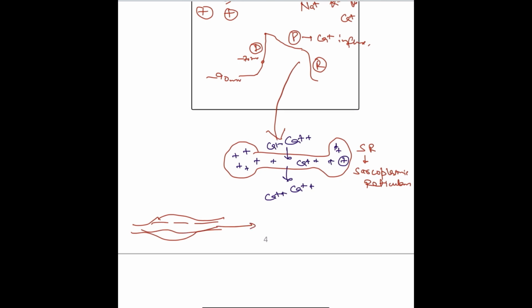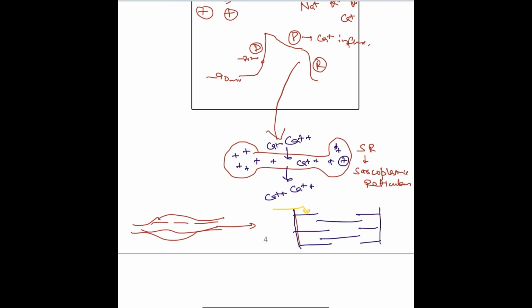Zoom in, it presents the actin and myosin filaments. We have studied this in earlier classes. There are two filaments, actin and myosin. In between, this is myosin and this is actin. We have to highlight this.